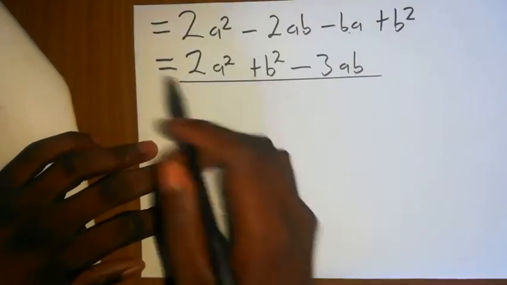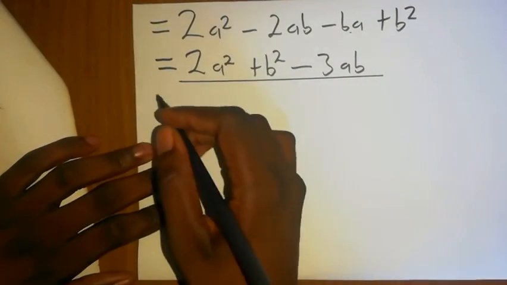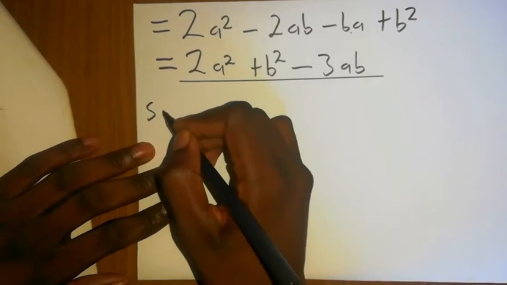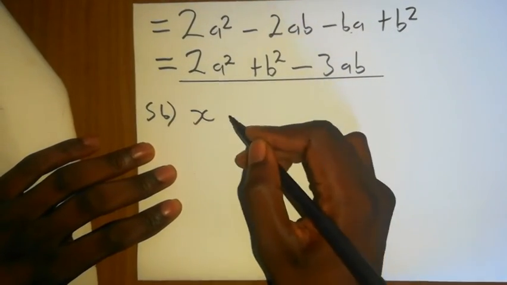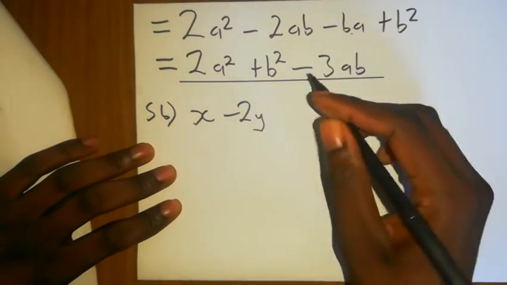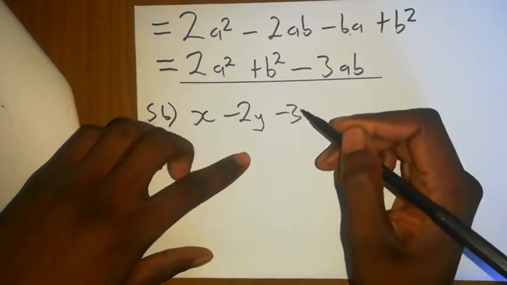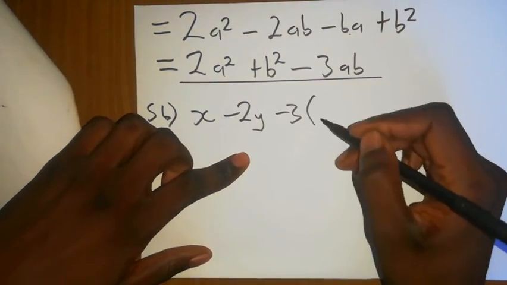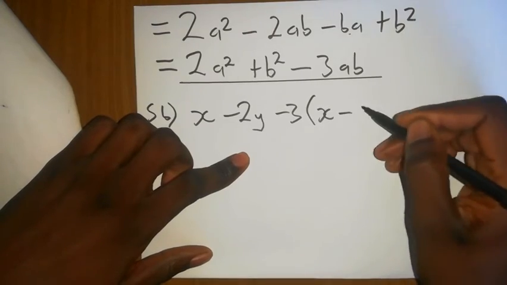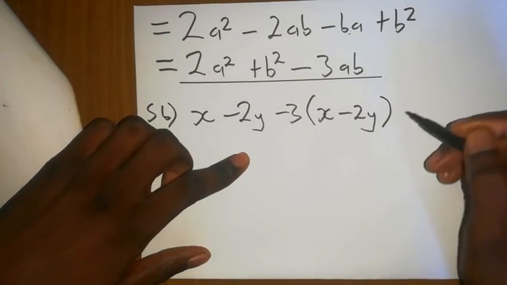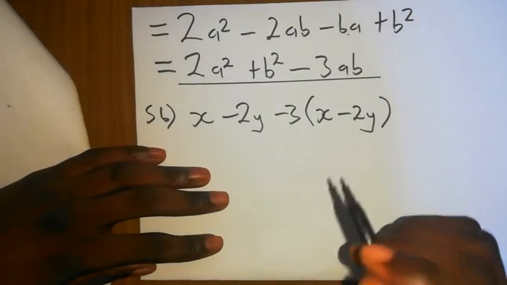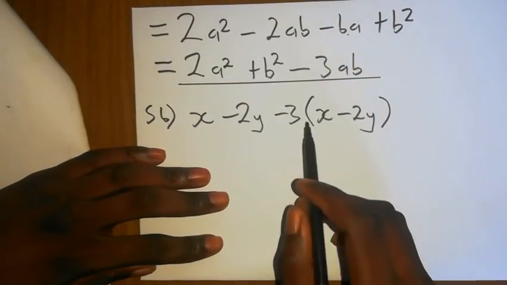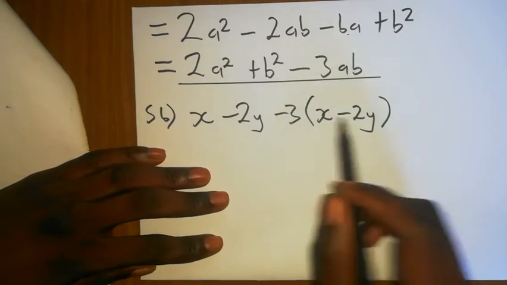We are doing calculations, guys, here non-stop. So there's number 5b. It's x minus 2y minus 3, then bracket x minus 2y close. What you have to understand here is that we use the term that is closer to the bracket to do our expansion.